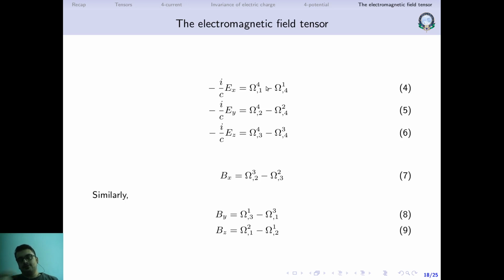Because we are talking about a rank 2 tensor in 4-dimensional space, it will have 16 components. But we don't want 16 components; we want only 6 components out of 16. So how do you reduce 16 components to 6? One way would be to have a skew symmetric tensor, because, if you remember, a rank 2 tensor can be represented as a matrix.